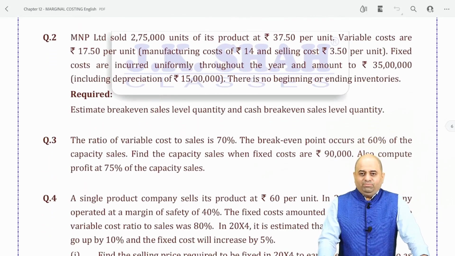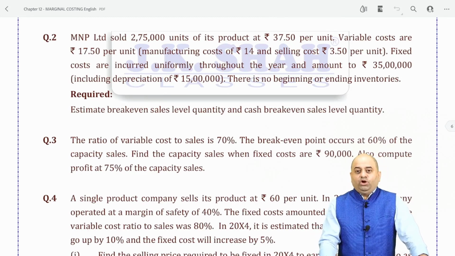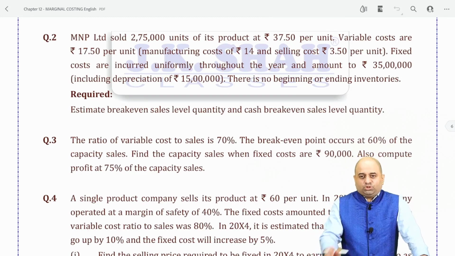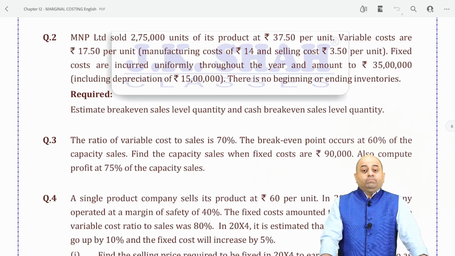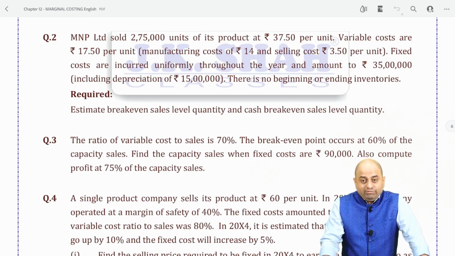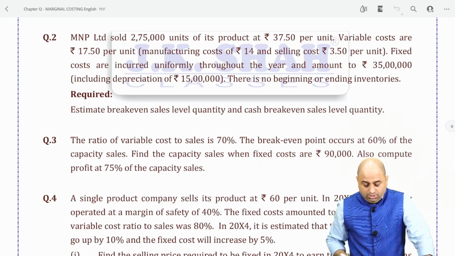It was a normal break-even point and cash break-even point. For cash break-even point, you got to calculate cash fixed cost, so you will simply subtract the depreciation. As far as the third question goes, I would like to solve it right in front of you so that a little help in revision can be given.